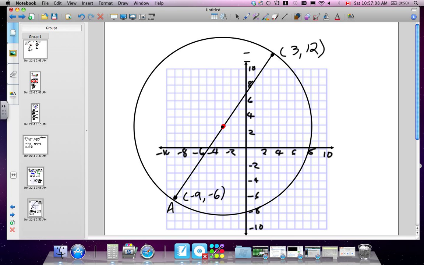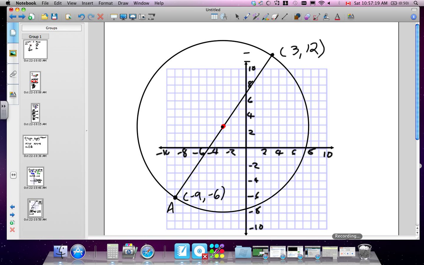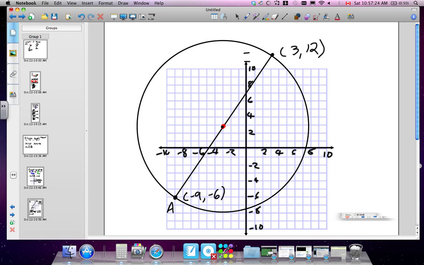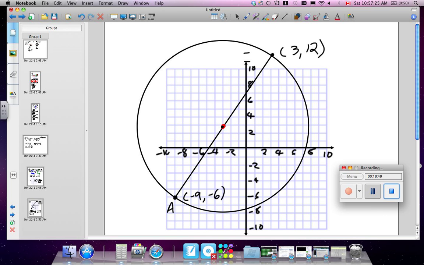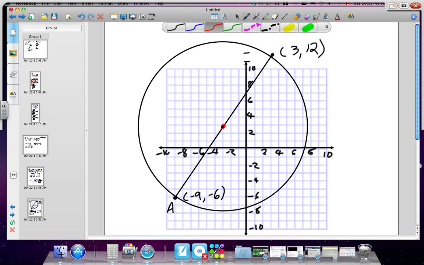Okay, so there's our circle, right? This thing goes slow sometimes. Okay, so it shrunk a little, but that's still fine. Our center of our circle is at -3 and 3.